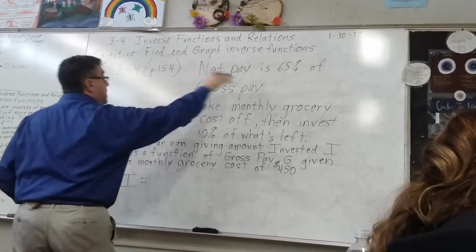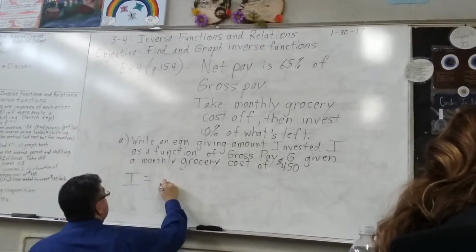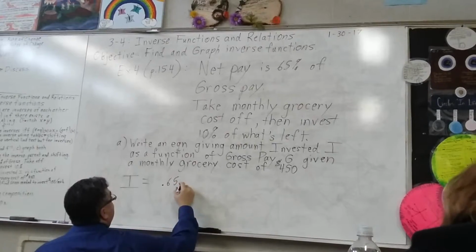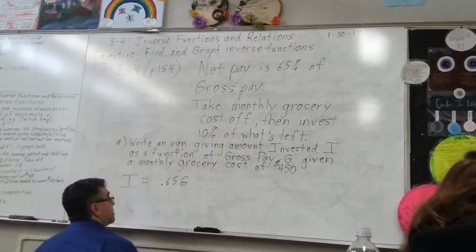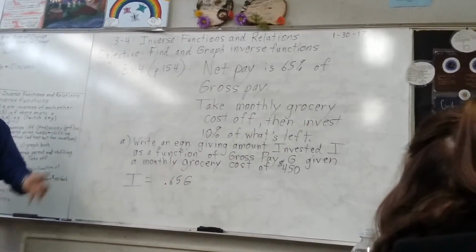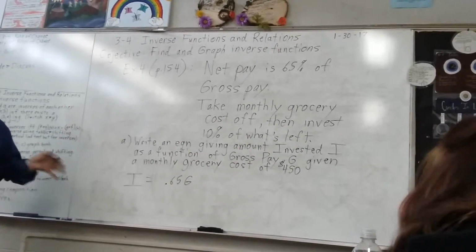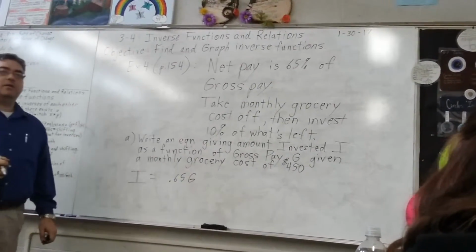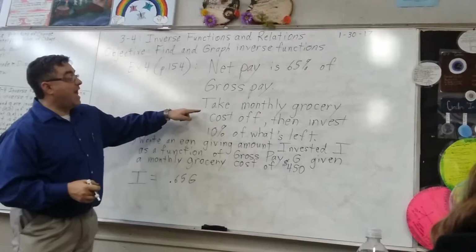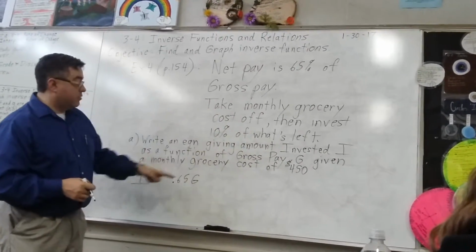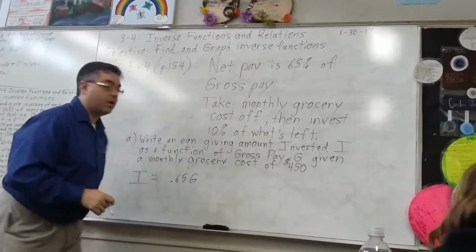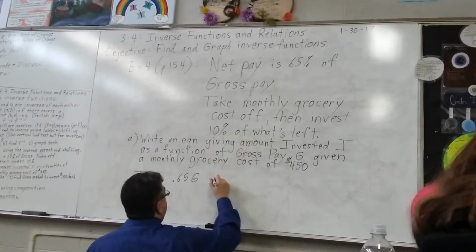So 65% of the gross pay is 0.65 times the gross pay. There's our net pay. That's what we're bringing home in our paycheck. Then from that, we want to take off monthly grocery cost, which is $450.